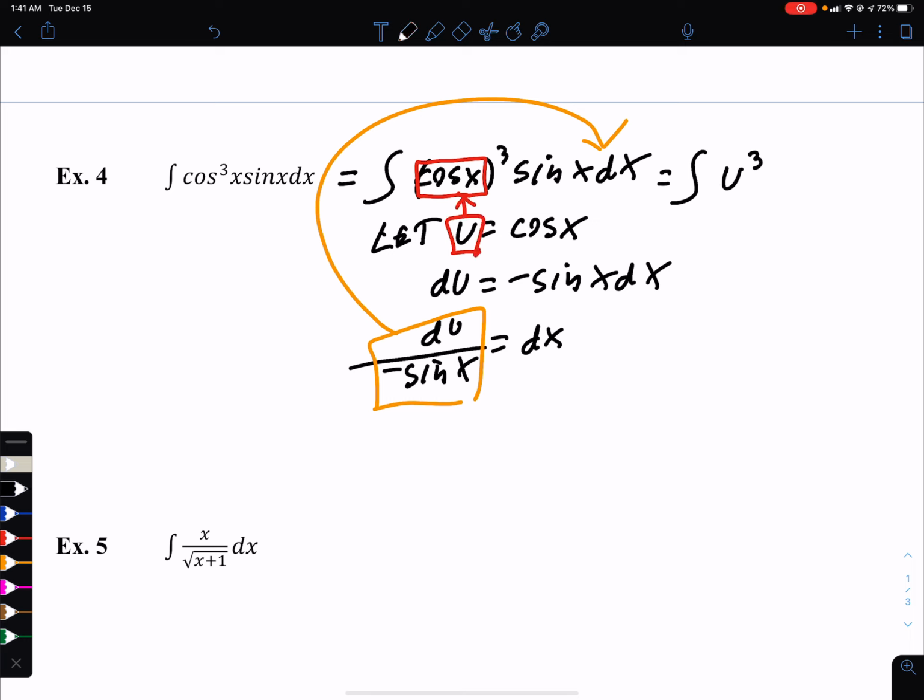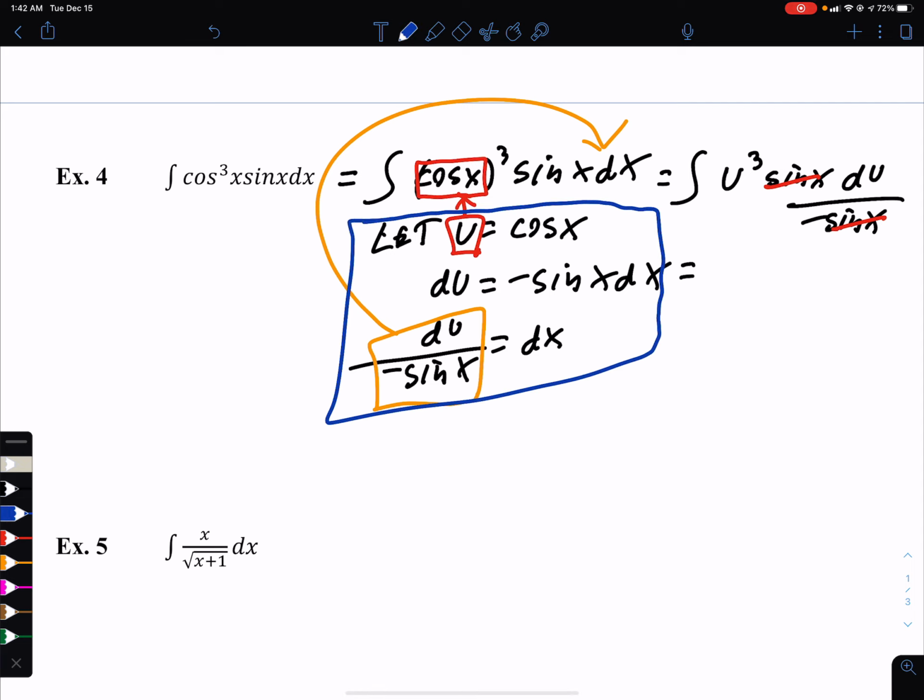So I'm going to get u cubed. I'm going to have a sine x, and dx gets replaced with that. So that's going to be a du over minus sine x. And nicely, those signs cancel. And what am I left with? Let me box this up so I don't confuse it, it's side work.